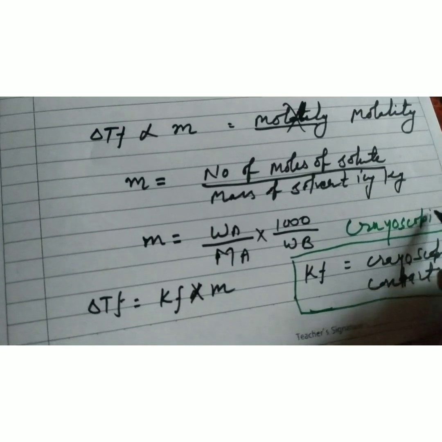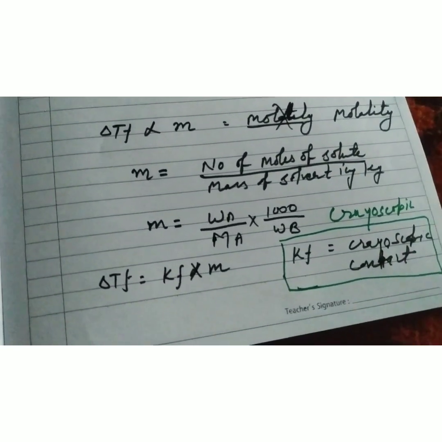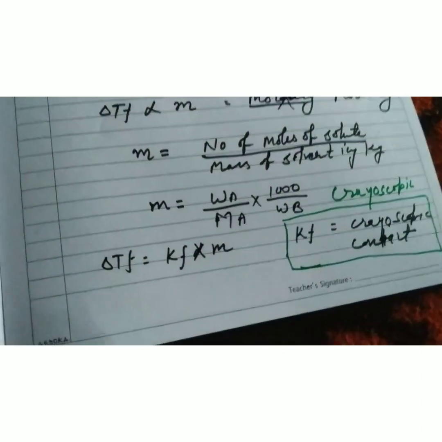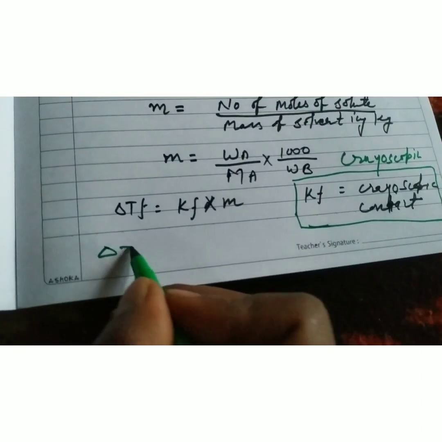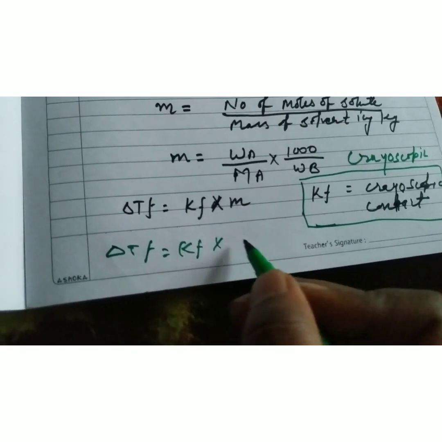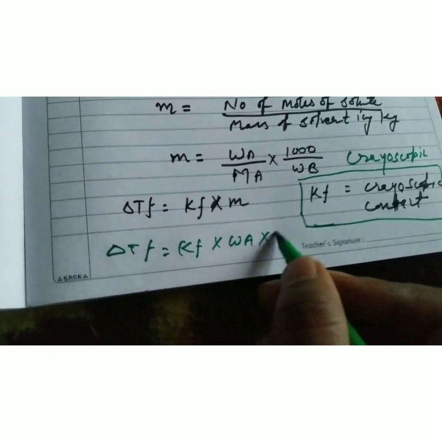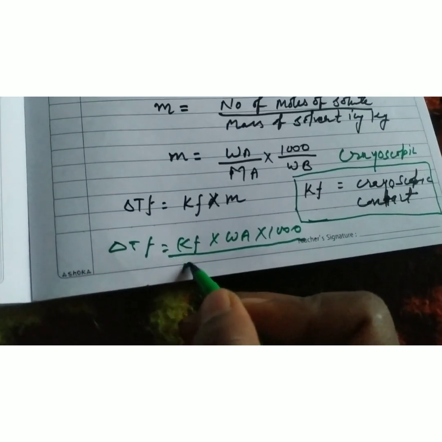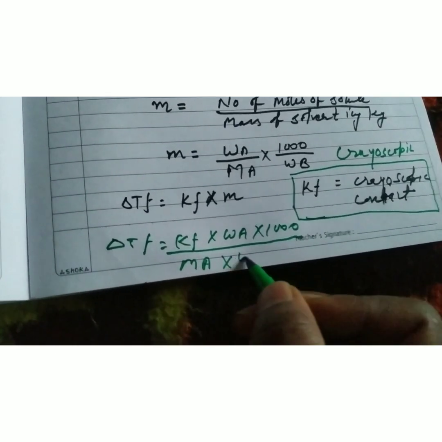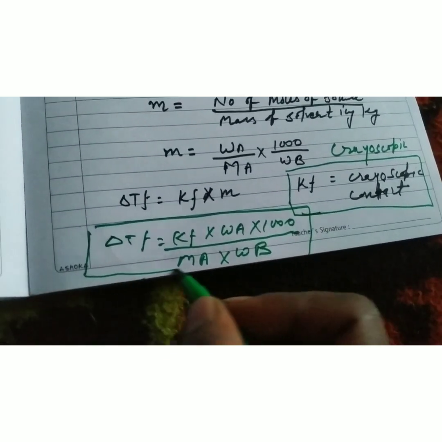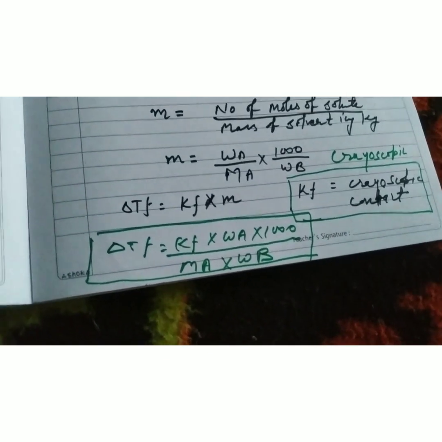Okay, so put the value of m in the equation. So it will become delta TF equals KF multiplied by WA multiplied by 1000 divided by MA multiplied by WB. This is the depression of freezing point. Clear?